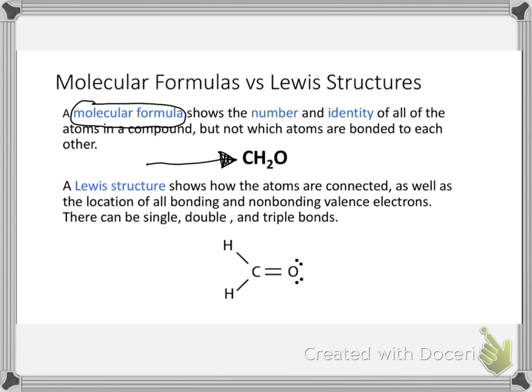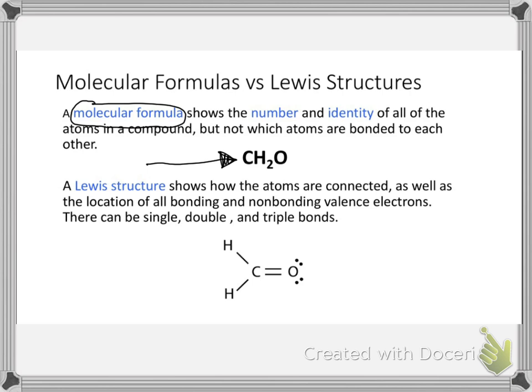So when we draw Lewis structures, it's going to start by them giving us a molecular formula. So they're going to tell us what's there. A Lewis structure, on the other hand, shows how the atoms are bonded to each other. So it shows us what type of bonds, who's bonded to who, where the lone pairs are.